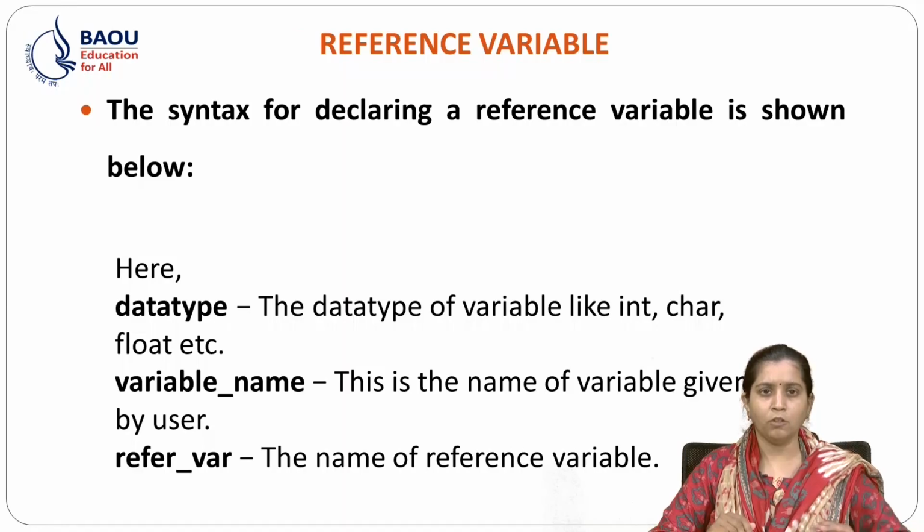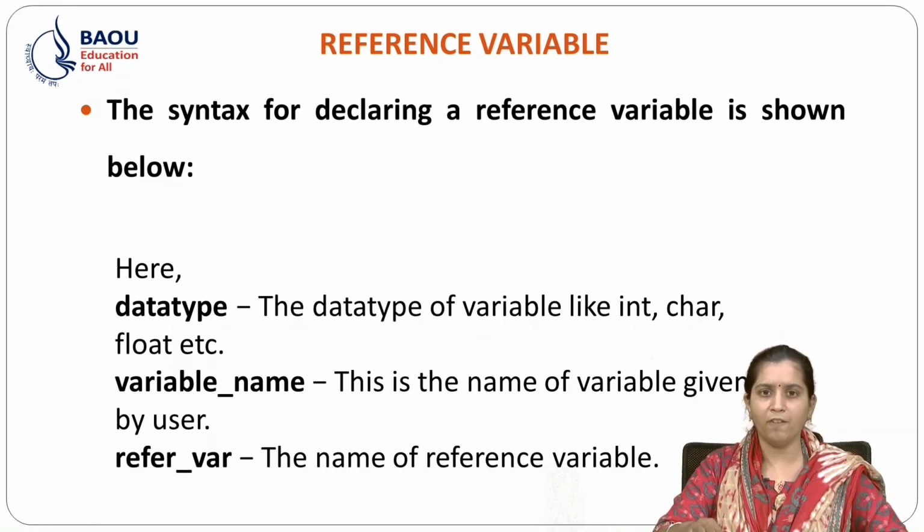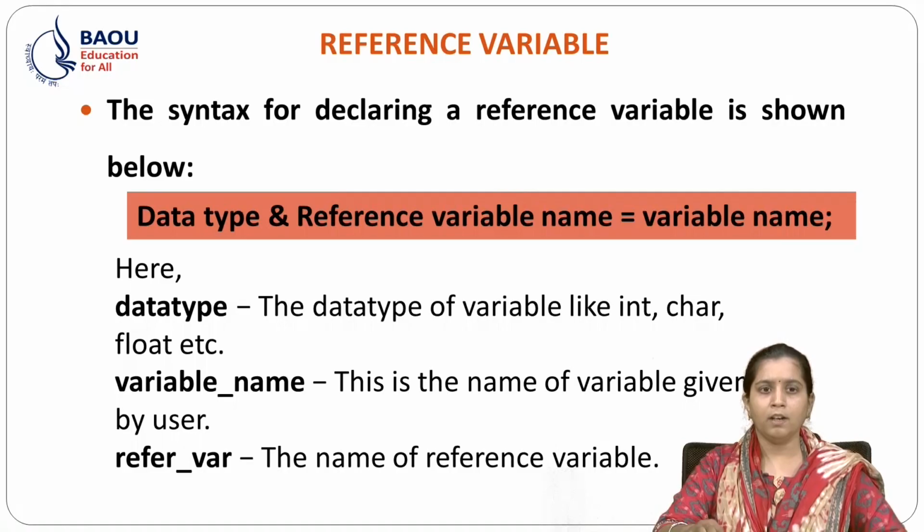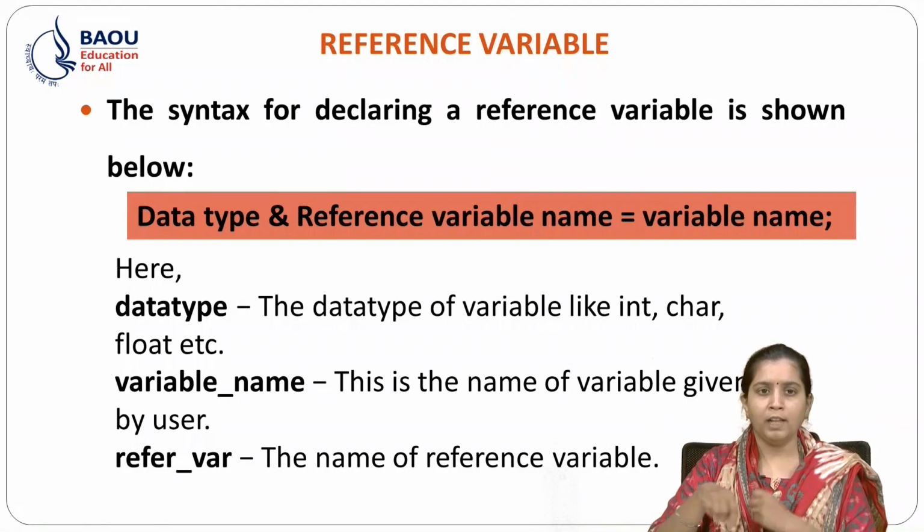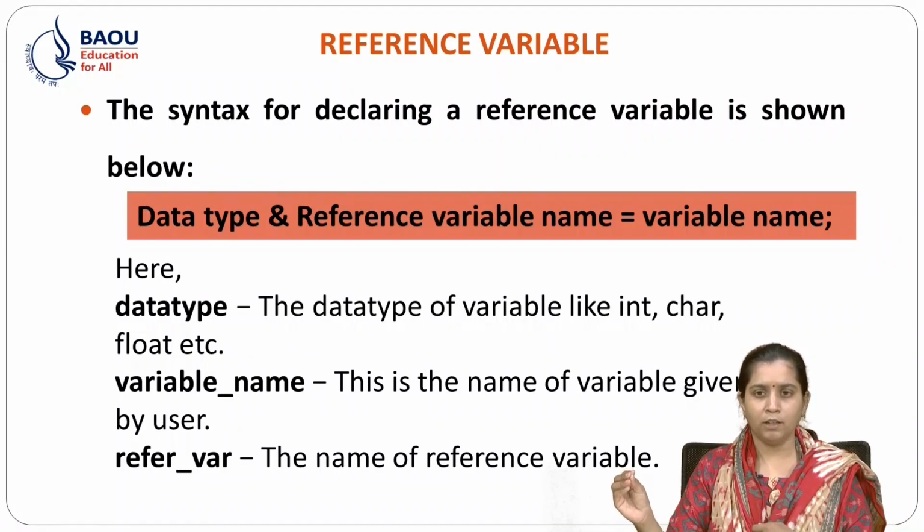So what is the syntax for declaring a reference variable? Data type, an AND operator and the reference variable name. After that, we will give the variable name, and whichever variable name we want to store in our reference variable, that variable name we will write on the right hand side of the equals to sign.